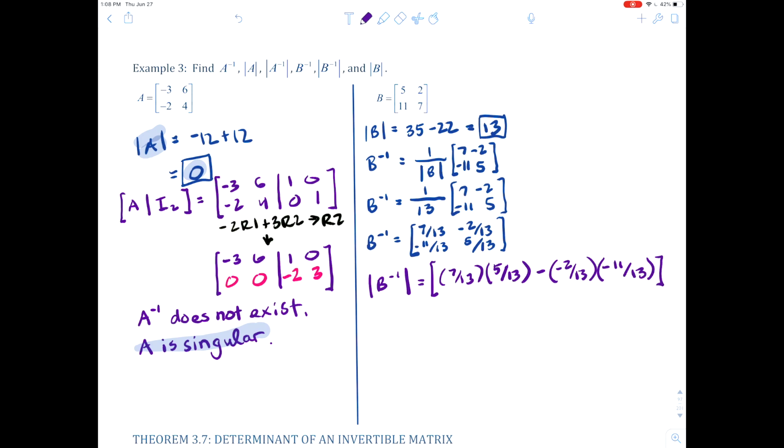Cool, cool? All right, so that's going to give us what? 35 over 169 minus a minus a minus, so we'll have minus 22 over 169, which is 13 over 169. But what is that? That is 1 over 13.